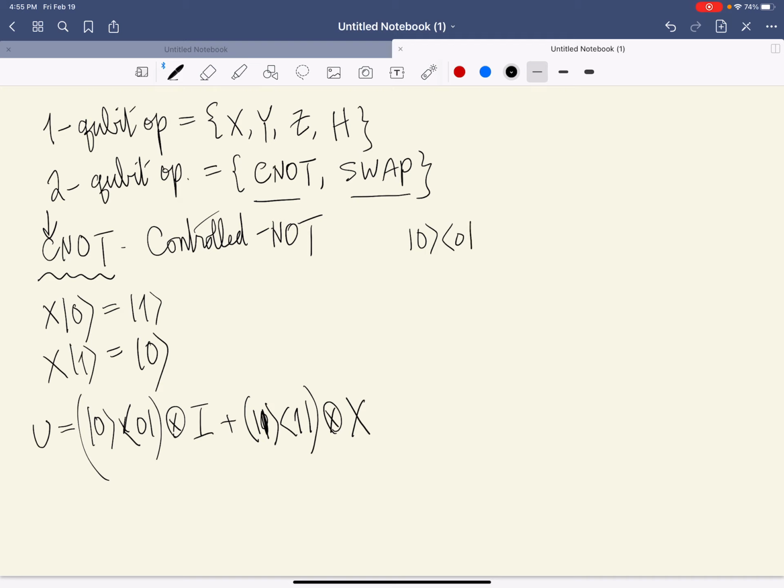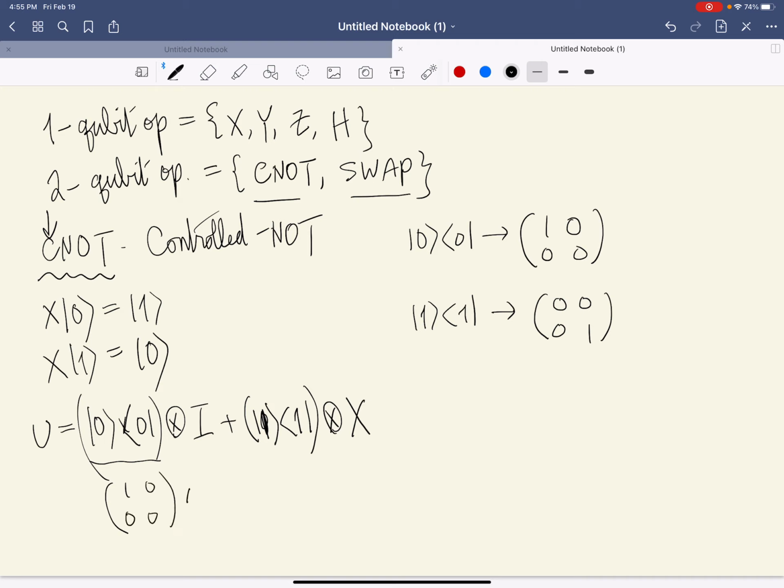Because the state 0, 0 will have a matrix representation like this, and the state 1, 1 will have a matrix representation like this. Okay, so this means 1, 0, 0, 0 cross I, and that means 0, 0, 0, 1 cross X.